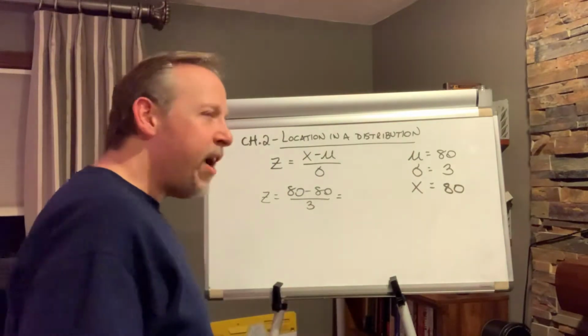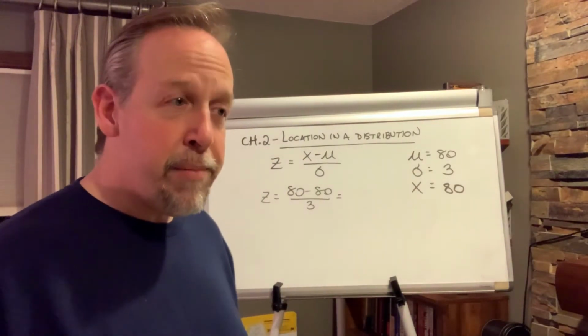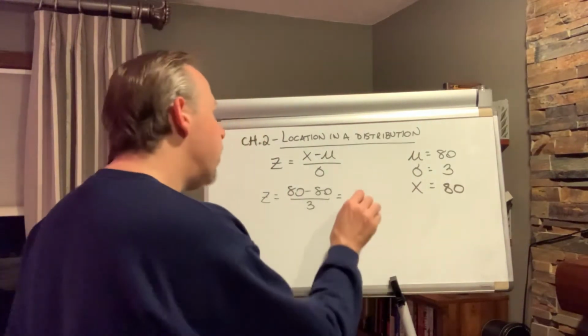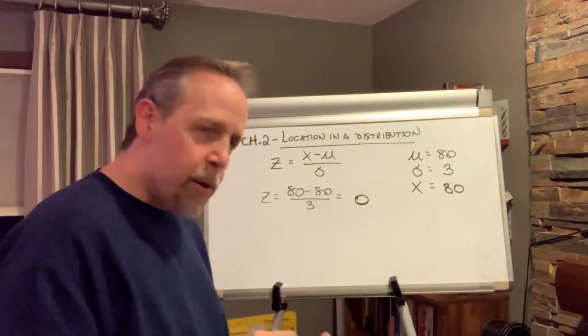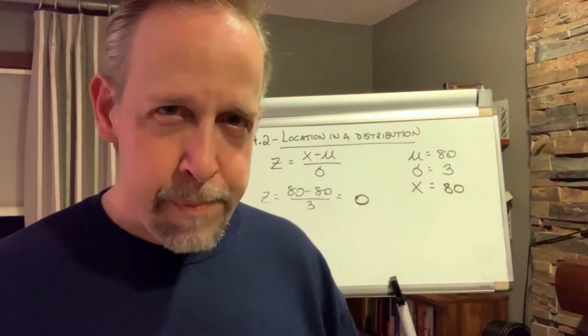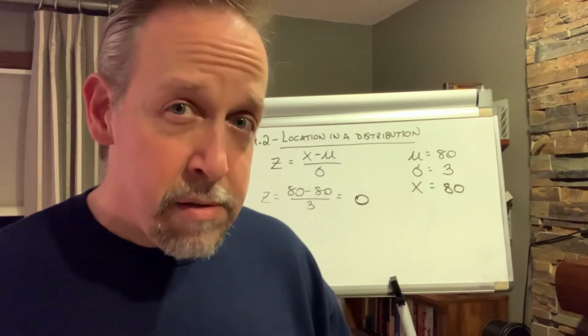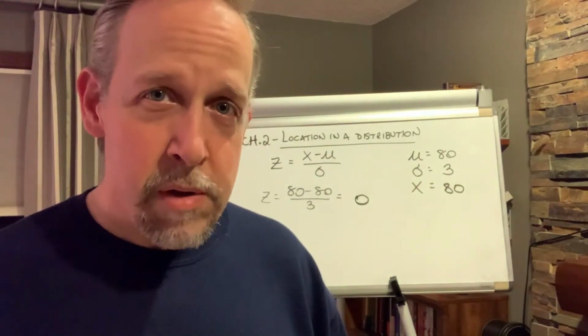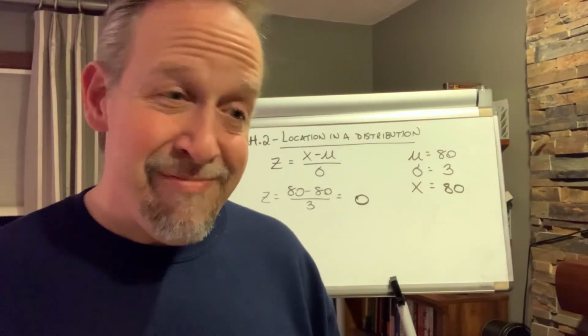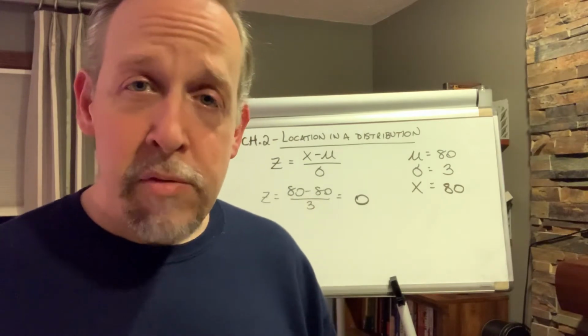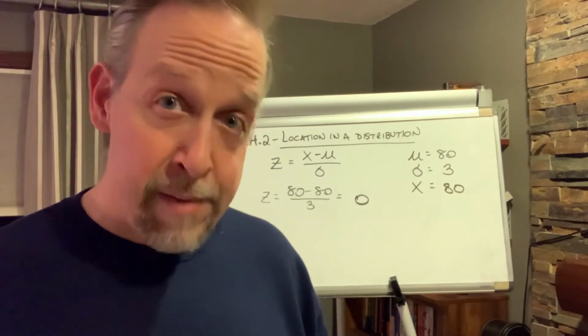Well, 80 minus 80 is 0, and 0 divided by 3 is still 0. That person's Z-score is a 0. Does that mean they did badly? No. Did they do well? I mean, it depends on the distribution. 0 is the mean. The person scored the average score.